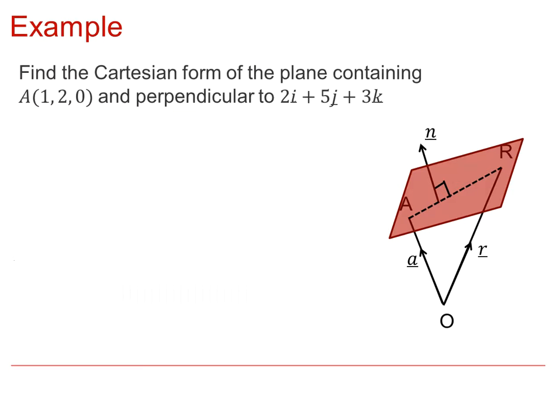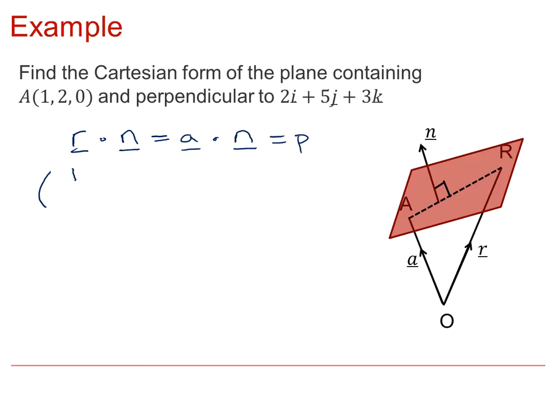In this example, we're asked to find the Cartesian form of a plane containing A (1, 2, 0) and perpendicular to 2i plus 5j plus 3k. This is the same example we've used in previous videos, so you are able to compare and contrast the different methods. We know that r dot n equals a dot n equals that constant p.